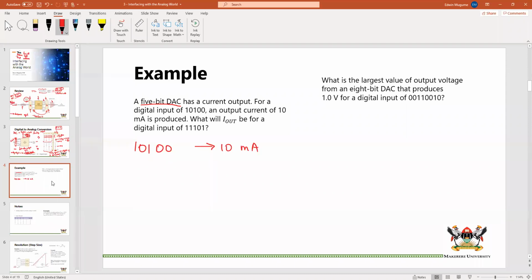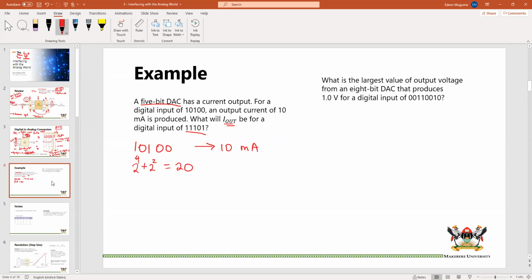So we are saying, what will the output current be for a digital input of that? Let us first look at this one. This is 2 to power 4 plus 2 to power 2, because the rest are 0. And this gives me 20. You can see that it's a 5-bit DAC because it has 5 bits.